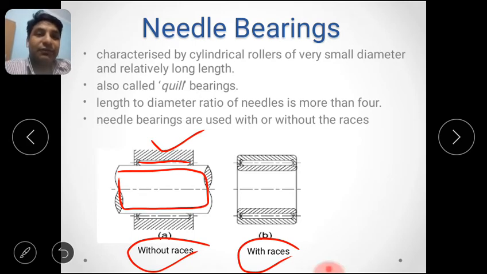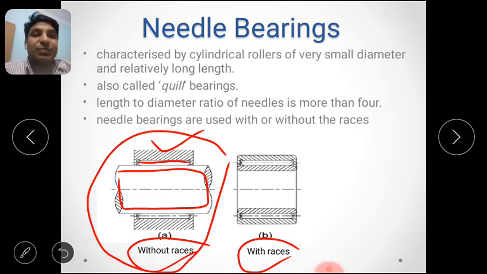In the first case there is no inner race or outer race. The needle is directly in contact with the shaft and support. In this way it can be differentiated from the cylindrical roller bearing. Mostly the needle bearing is used without races, but it can also be used with races.